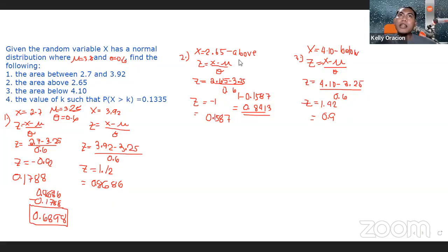Okay, thank you. The condition is below. That means whatever the tabular value is, that is already the area because the condition is below.